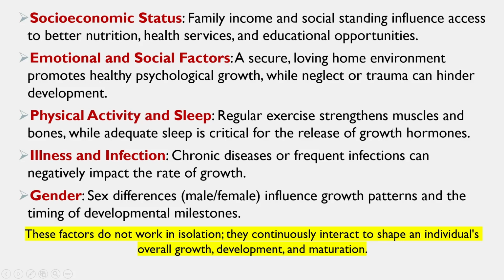Regular exercise strengthens muscles and bones, while sleep is critical for the release of growth hormones. So, illness and infection, chronic disease, or frequent infections can negatively impact the rate of growth. And the last is gender. Boys and girls show differences in growth patterns, timing of puberty, and physical development. So, that's why it is included in this.